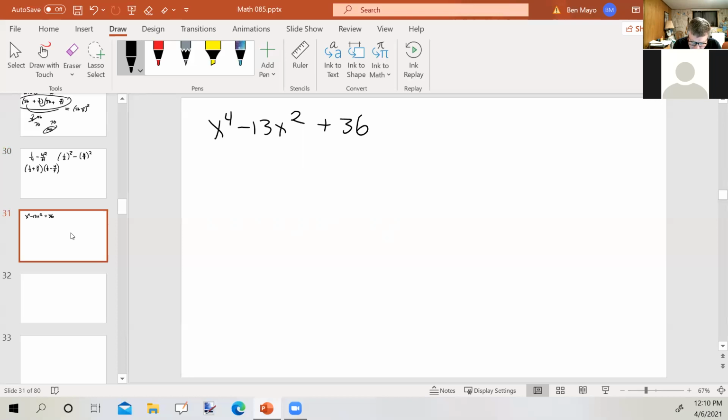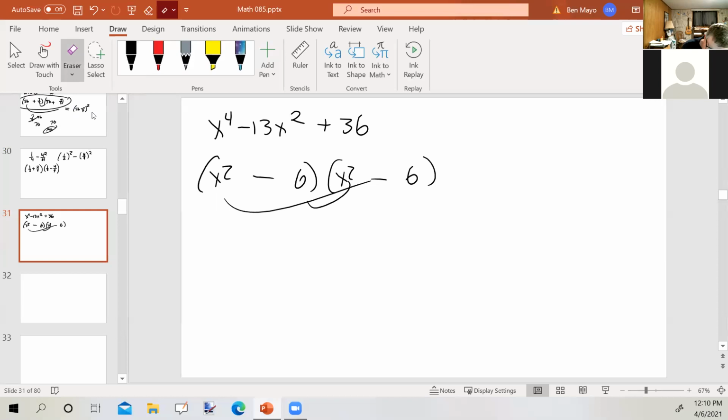There's no greatest common factor. It's got a leading coefficient of 1. Oh, it could be a perfect square because it's got a square at the front plus a square at the end. So if that were the case, it'd be x squared, 6, 6, minus, minus. Oh, that doesn't work though, because that doesn't give us minus 13x squared. It gives us minus 12x squared. So it's not a perfect square, okay?